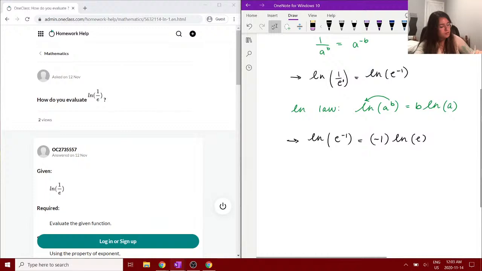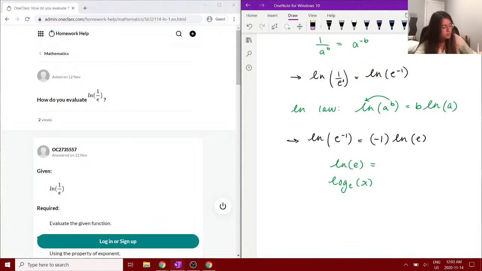And we also know that ln of e, well, basically the ln is the same thing as log base e, right?